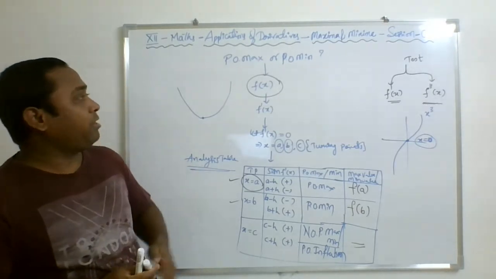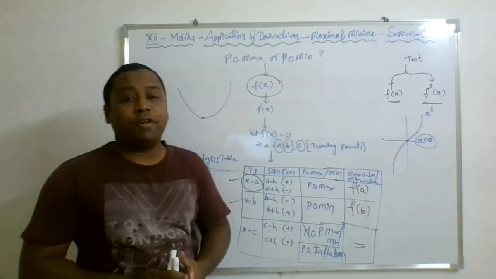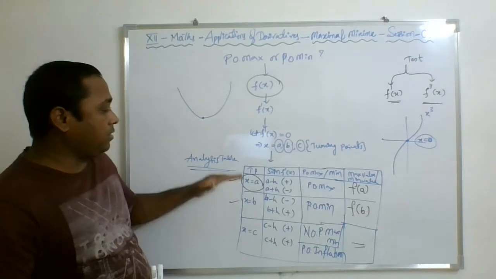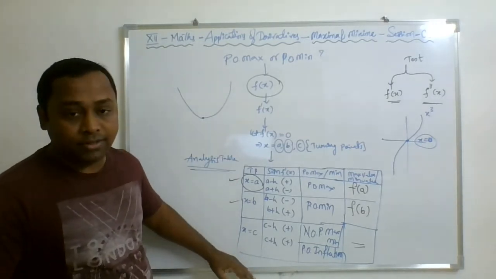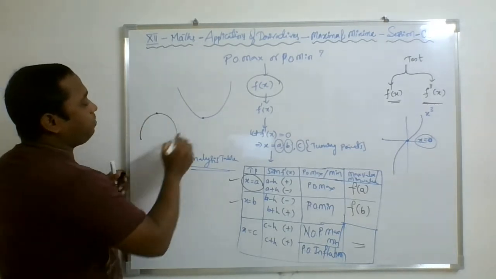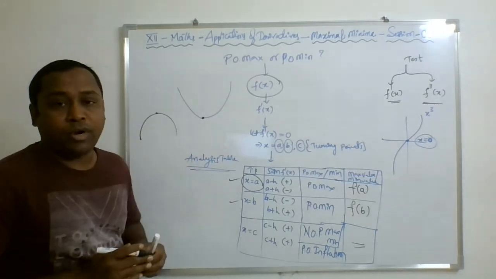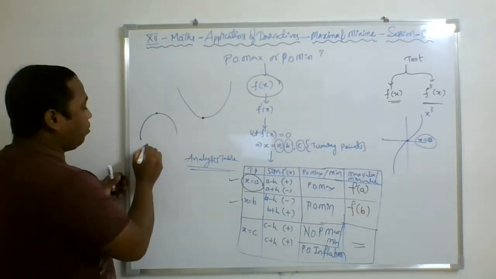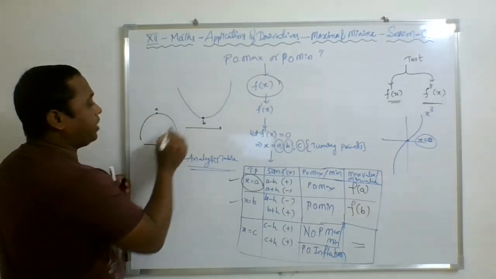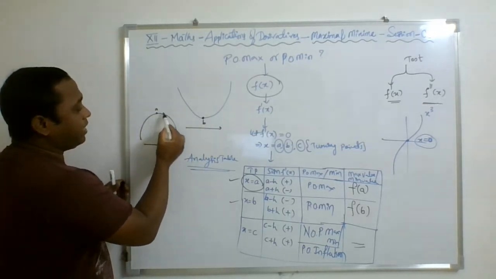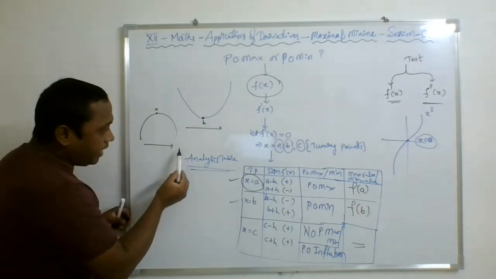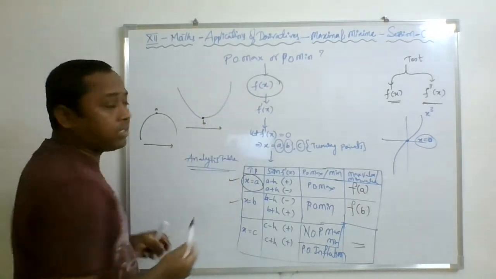So this is the method which we call the first order derivative test. Now you have understood why this analysis table is made like this, because we have already discussed when it would be a point of maxima and when it would be a point of minima. When you are moving from left to right through these points, the sign of derivative changes, like positive to negative or negative to positive.